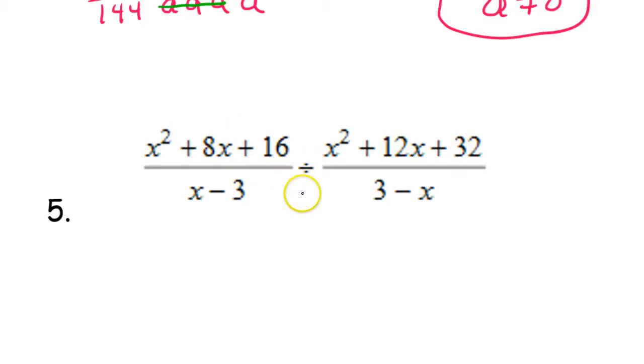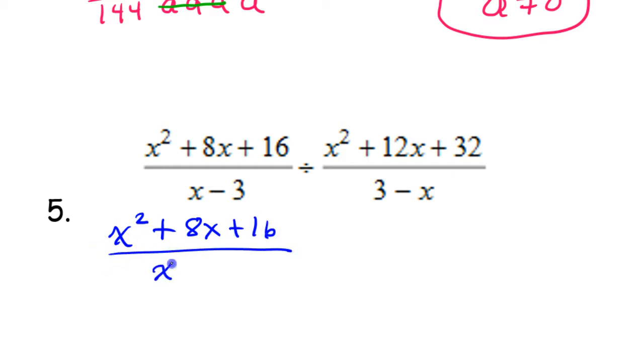When we divide with fractions, we multiply by the reciprocal, meaning we turn this to multiplication and we turn the second fraction upside down. So I'm going to do that, and that's going to give me (x squared plus 8x plus 16) over (x plus 3). That part stays, x minus 3.